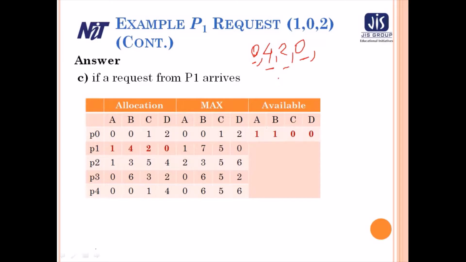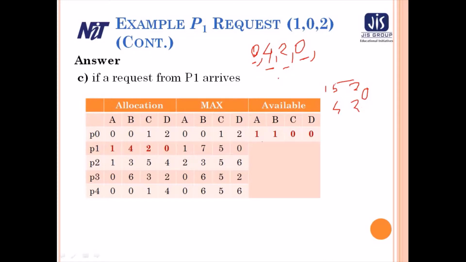In our system, initially our available is 1520. So if we provide this 4 2, from our available we can give. If the additional request of 0420 is granted, we have to check whether it is granted or not. First we subtract 420 from 1520.